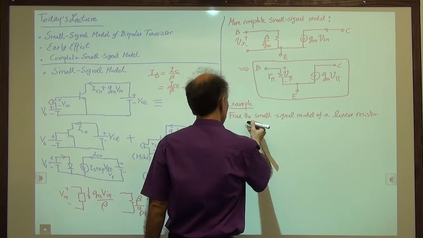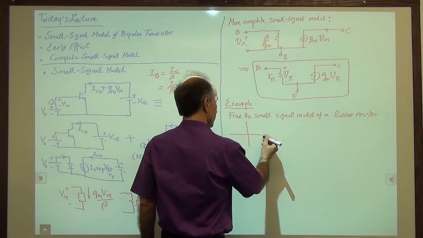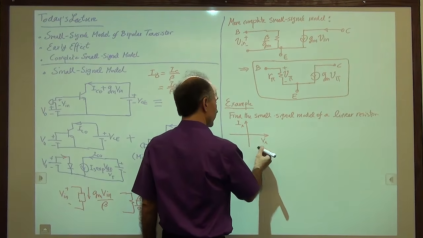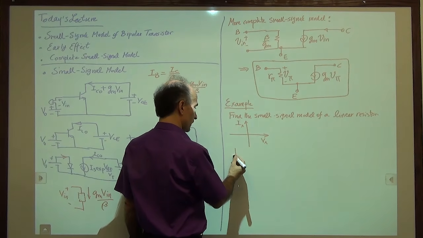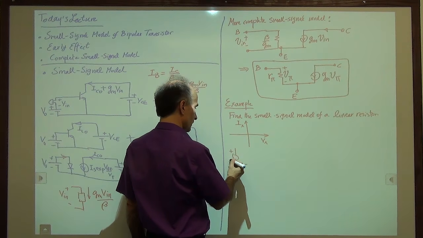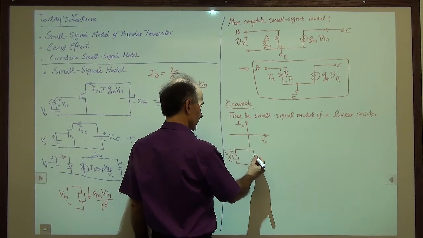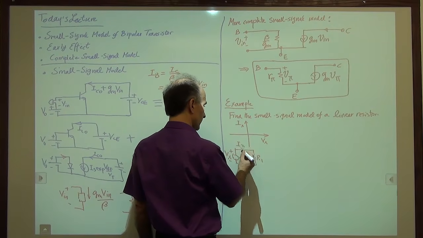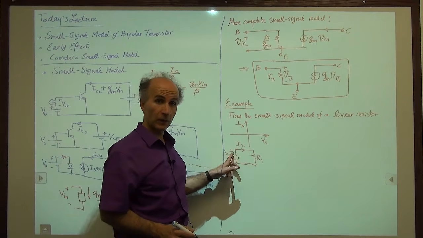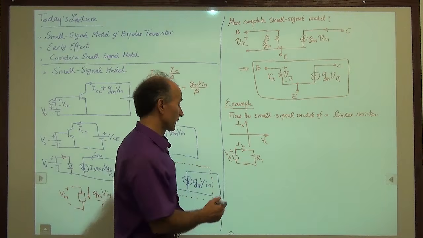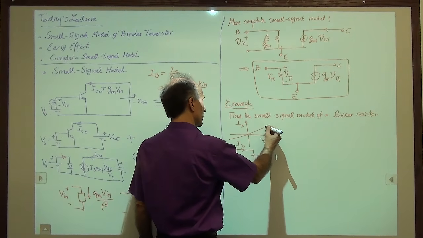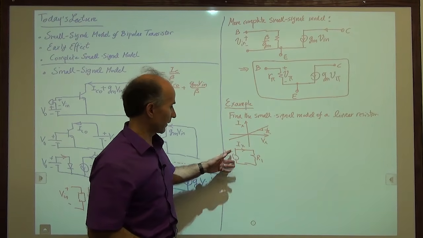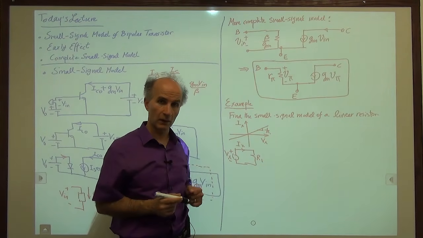You say, okay, well, I know that the resistor satisfies Ohm's law. So if I take a resistor and I give it a certain voltage, Vx, and I measure the current that flows, I know that the relationship between these two is a straight line. So we have a straight line here with a slope of 1 over R1. I apply voltage, measure the current, that's the graph of it.